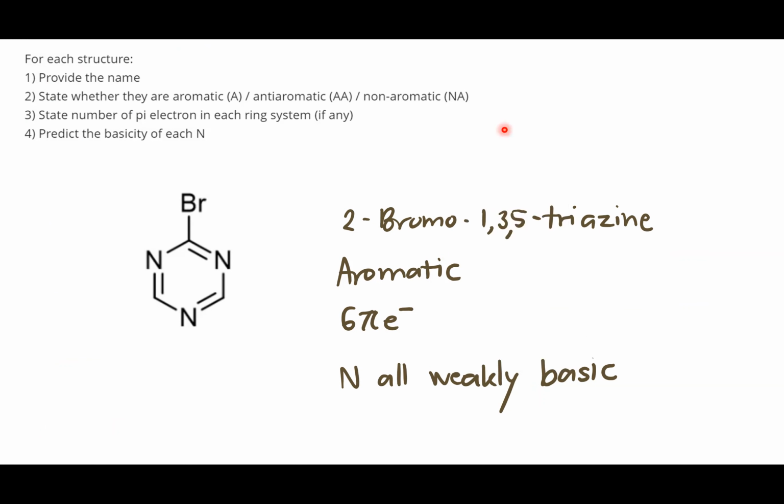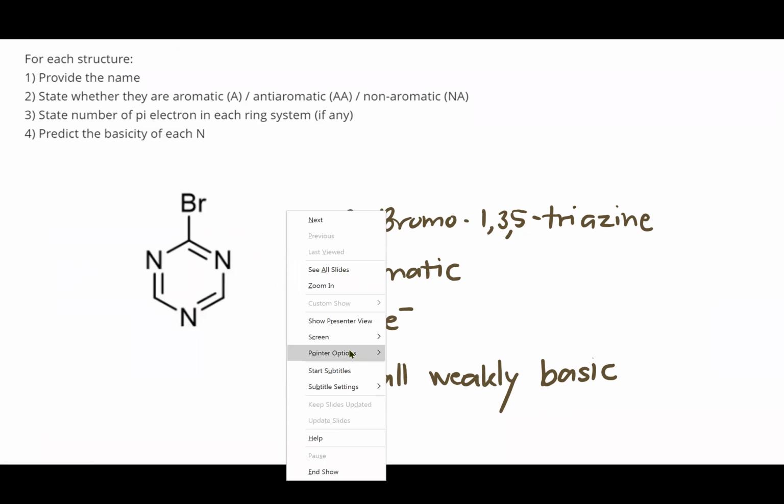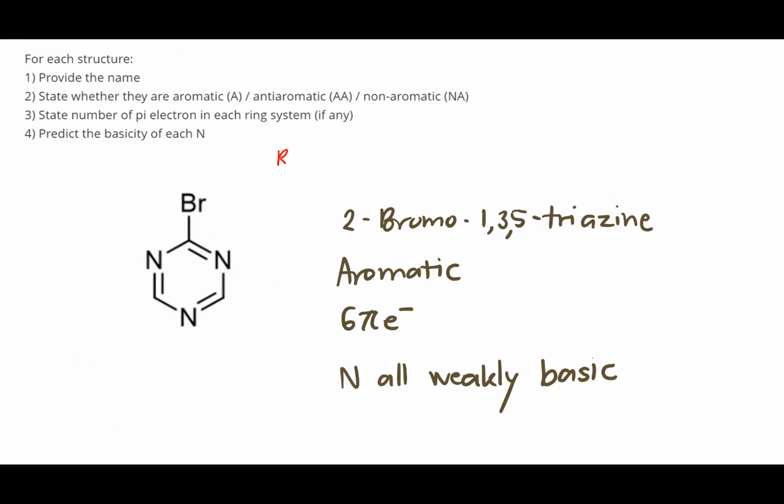So the first compound's name is 2-bromo-1,3,5-triazine, if you follow the Hantzsch-Widman system, and it's aromatic because there are 6 pi electrons in the ring. All of the nitrogens are kind of basic, but not that basic if you compare with normal amines.